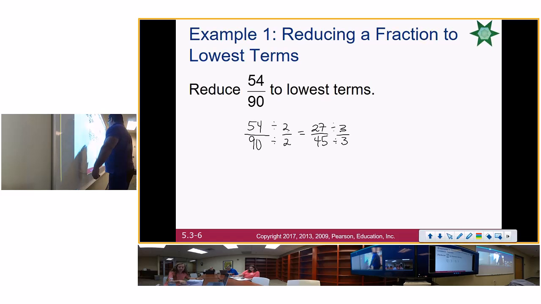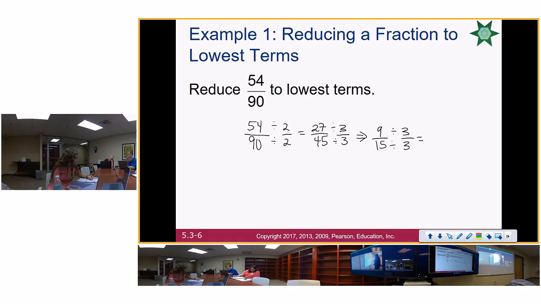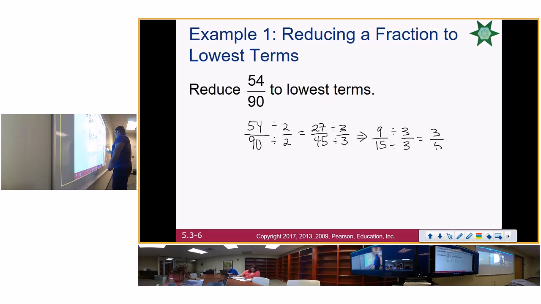Because 3 is easier because it's a smaller number. What's 27 divided by 3? 9. What's 45 divided by 3? Can I keep going? What am I going to divide by now? 3. 3 over what? And I am what? Why are you done? Because what is 3 and 5? Prime.